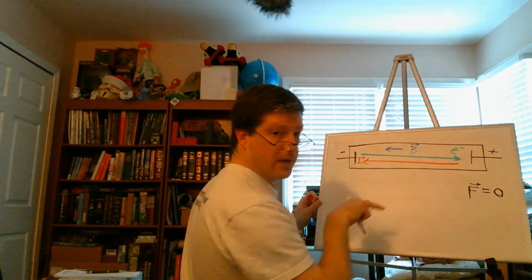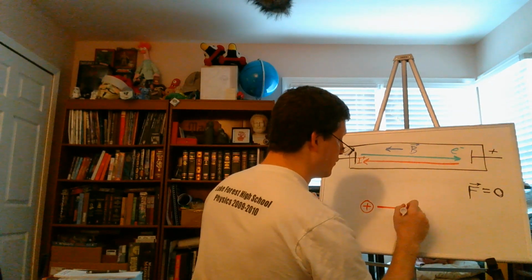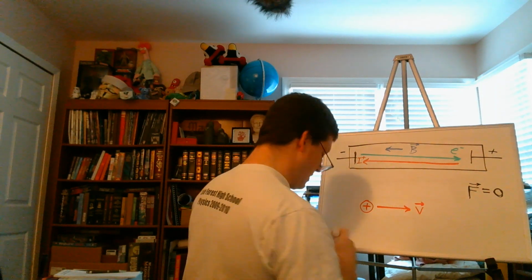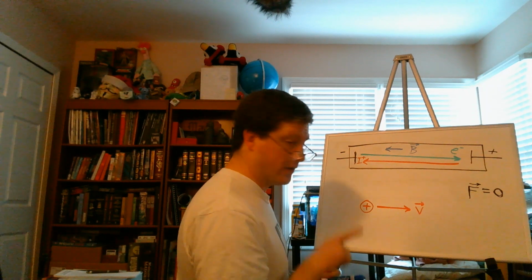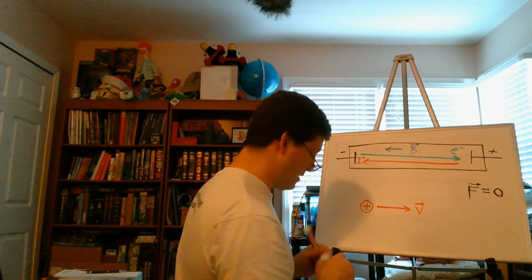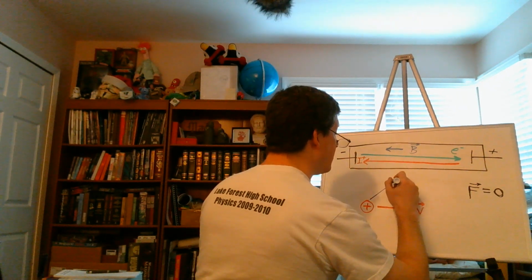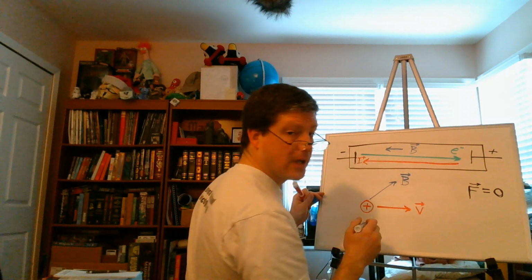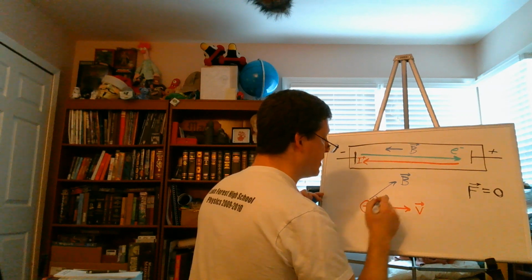Let's suppose it's moving in that direction at a certain velocity. And let's suppose the magnetic field through which it's moving is oriented in this direction. And we'll put a little angle between these two vectors. We'll call that angle theta.